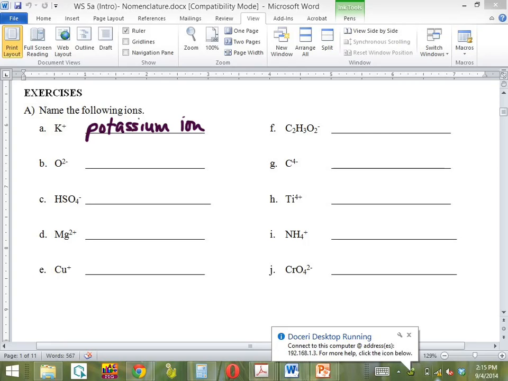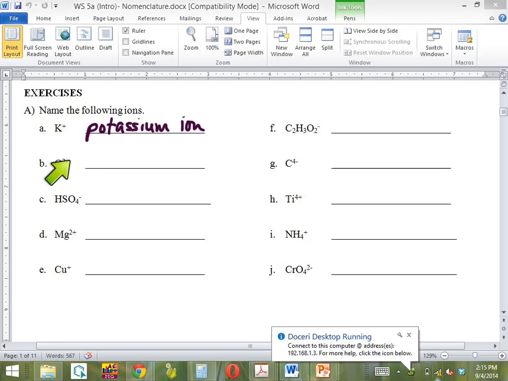What's the pattern for these monatomic anions? These are all going to be nonmetals, right? I said the metals are like the men and the nonmetals are like the women. And when they get together, like a guy and a girl get married, then the woman changes her name, right?